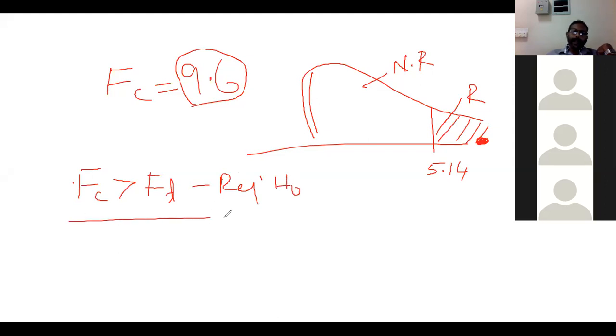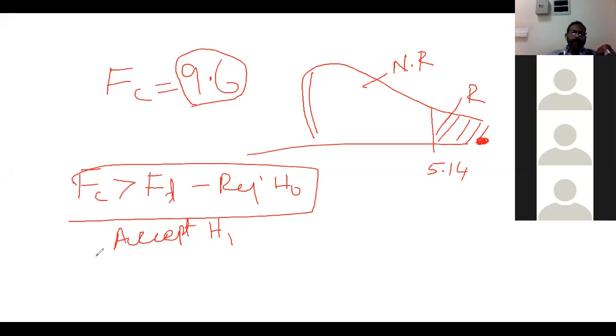If we reject our null hypothesis, on the other hand, we can accept our alternative hypothesis. These are the decision-making process. Now we'll have to have a conclusion.